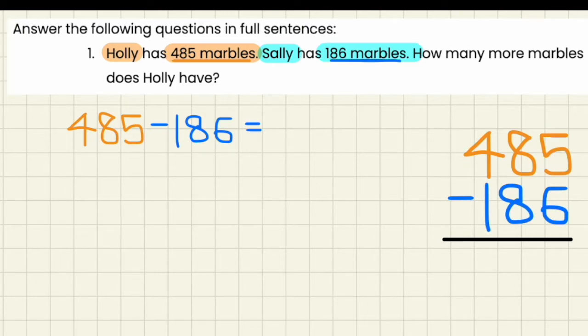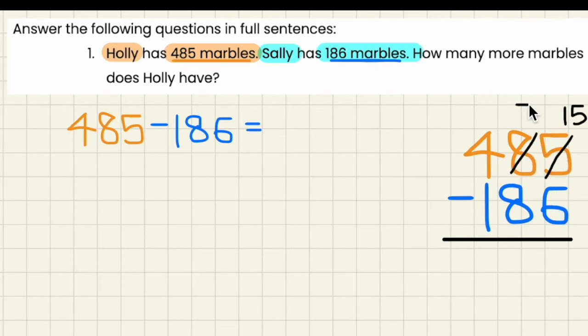Our first step is to calculate the ones place, which is 5 minus 6. And 5 is less than 6, which means that we have to borrow a 1 from the tens place and bring it over to the ones place. So instead of 5, we would have to add 10 to 5, so 10 plus 5 is 15.